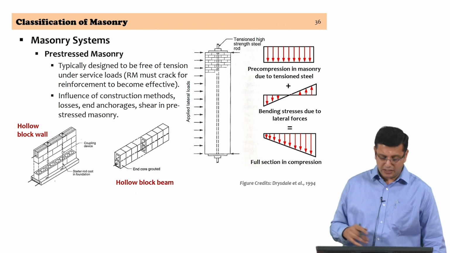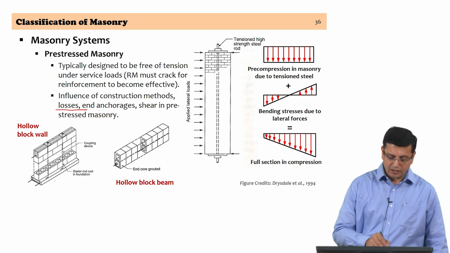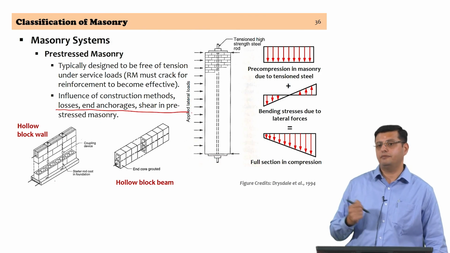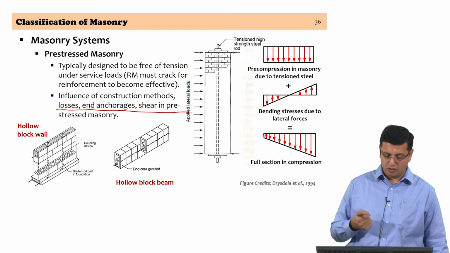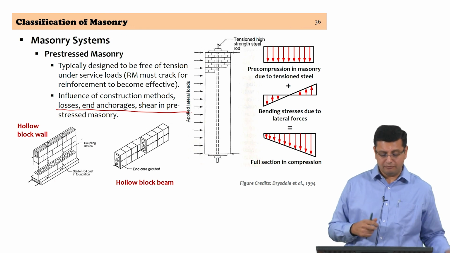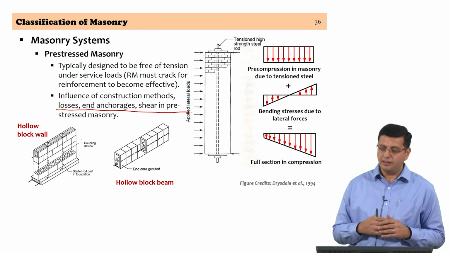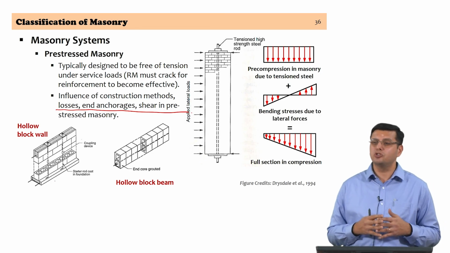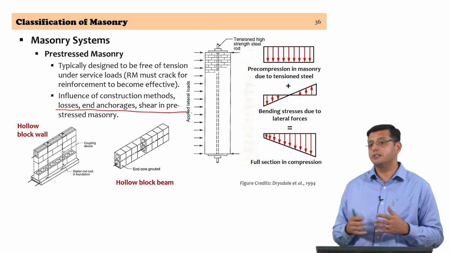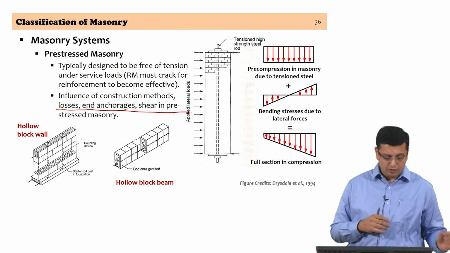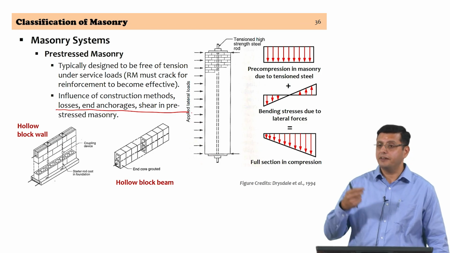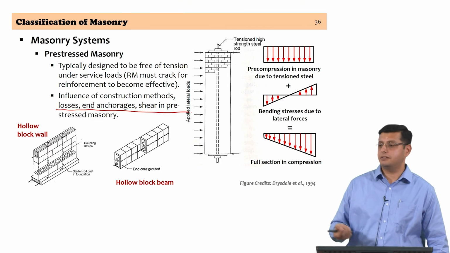However, there are different challenges, particularly the losses of pre-stress because of the end anchorage, because of creep in masonry. This has become a typology that is not so efficient owing to the losses that can come into the construction, and the effectiveness of the pre-stress can be lost.